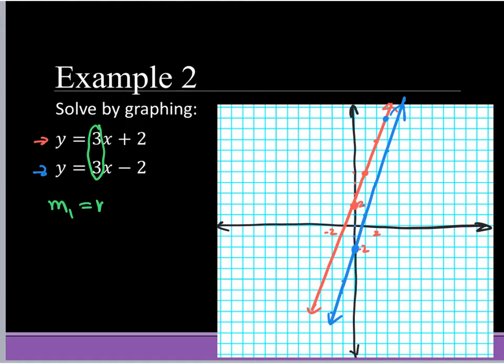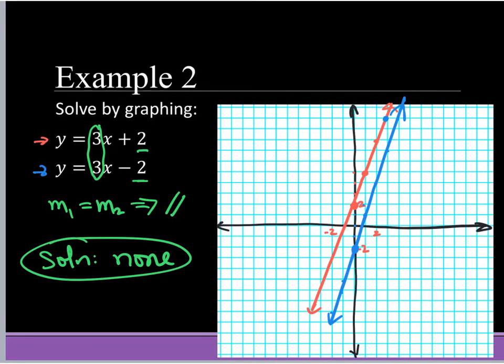So m1 is going to equal m2, which tells me that these are going to be parallel lines, and they have different y-intercepts. So what we would say for this one then is our solution is going to be none. There's no point between two parallel lines that will cross, because they're parallel, which means they're running side by side. So these lines will never intersect, which means we will have no solution.